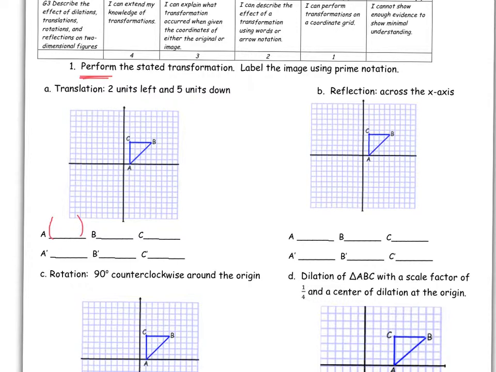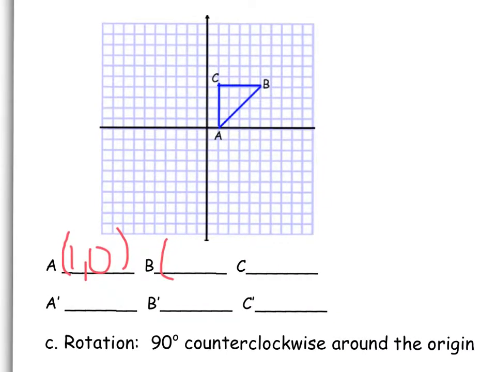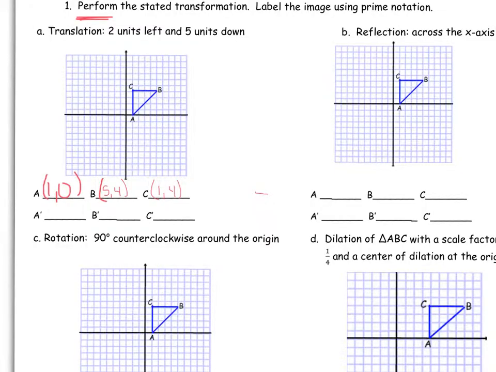So A is 1, 0, B is 5, 4, and C is 1, 4. So that is really important, and I believe that the triangles for all of these types of problems are the same. So you have all of your first ordered pairs.